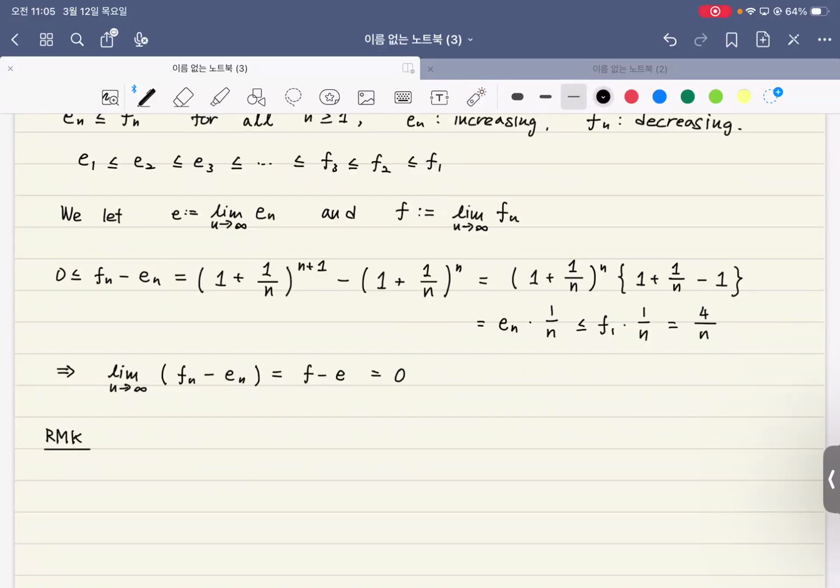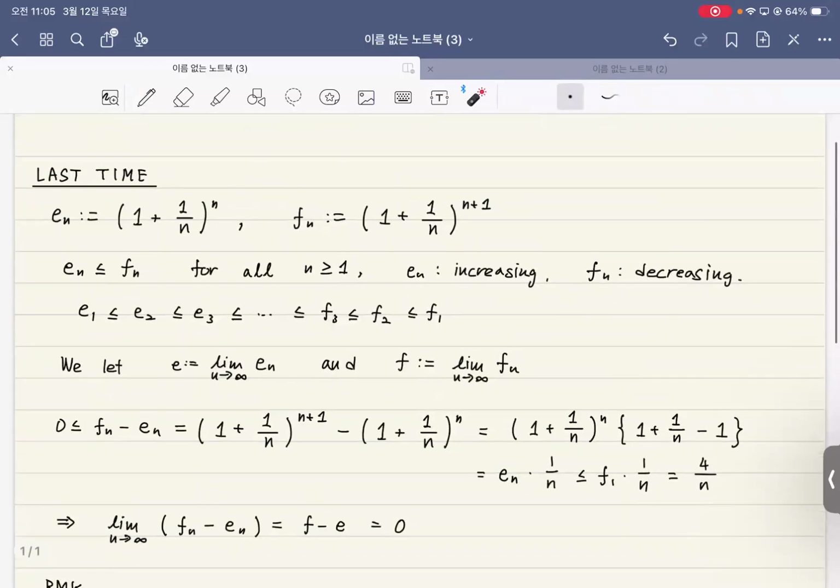Let me digress a little bit. Whenever we say Euler's number, we always regard it as a limit of this sequence. But there is another alternative definition of Euler's number.